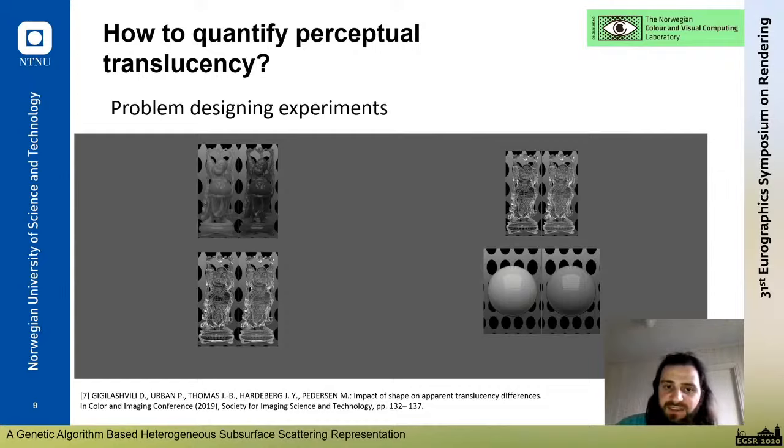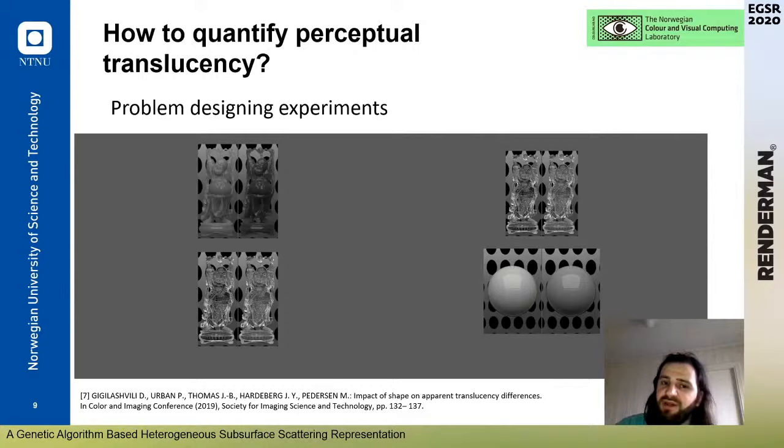And we got clear confusion from the observers, because for example in the left case they see that there is something really different about the two Buddhas in the top row, but they don't know, is it translucency, is it something else?